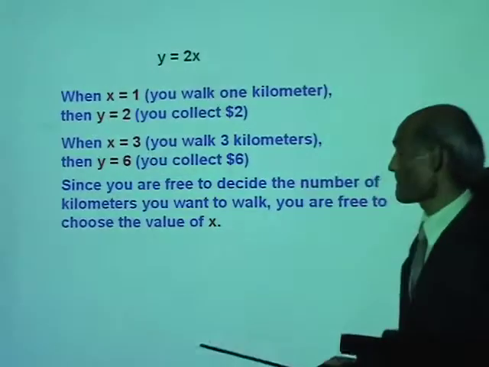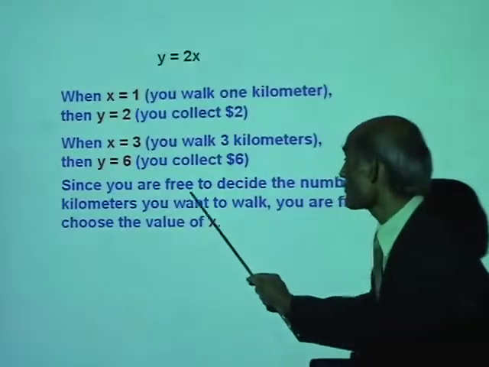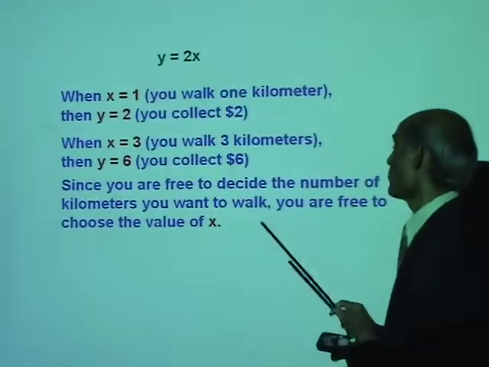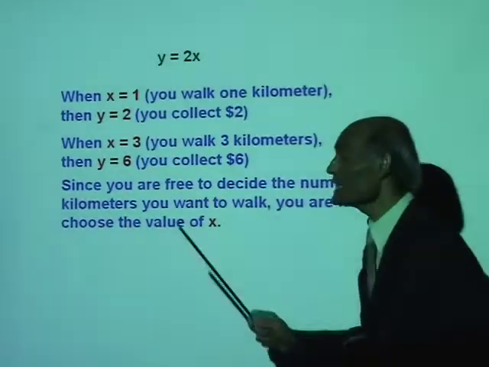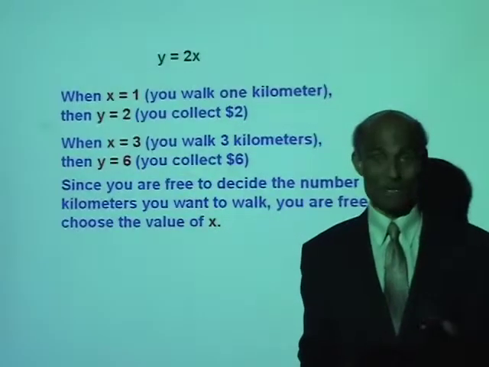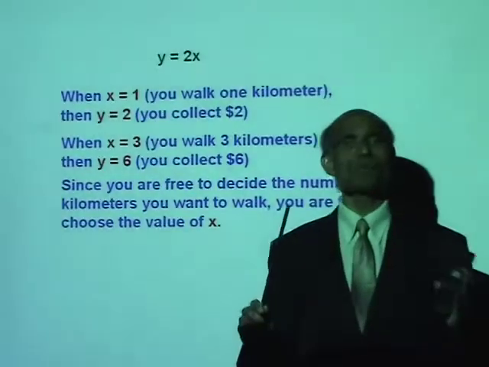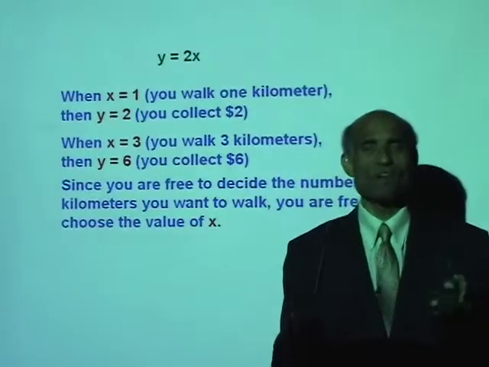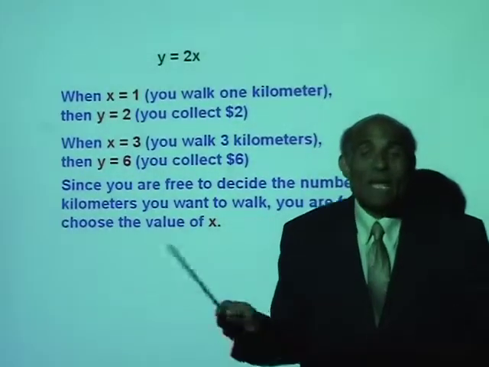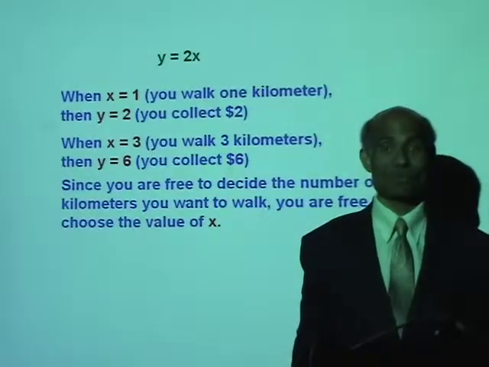Is that right? Now, since you are free to decide the number of kilometers you want to walk, you are free to choose the value of the variable x. You can say, well, I'm going to walk only 5 kilometers. That is your choice. Nobody else will force you to make that choice.